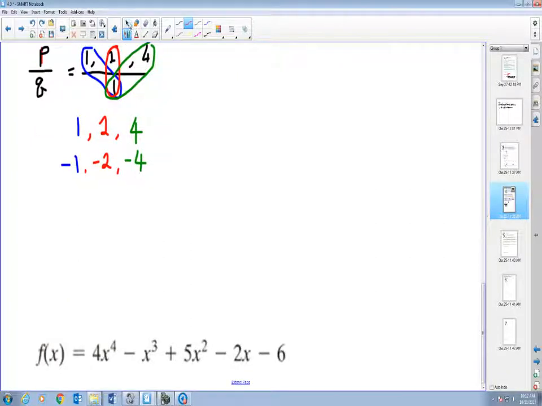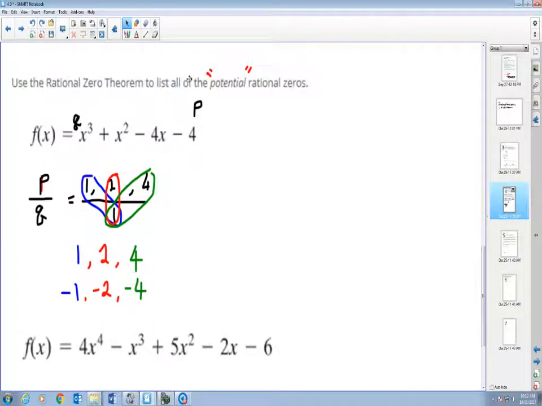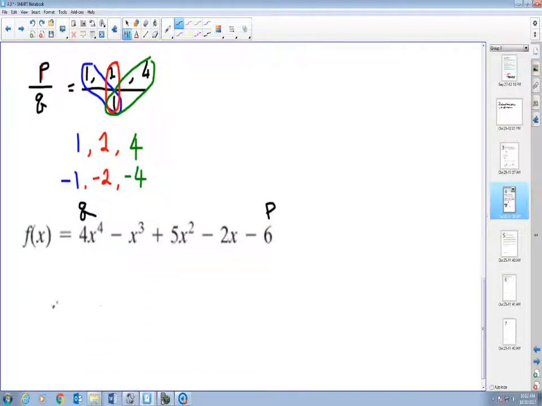P over Q, listing the potential rational zeros. So the P is the constant term, Q is the leading coefficient.